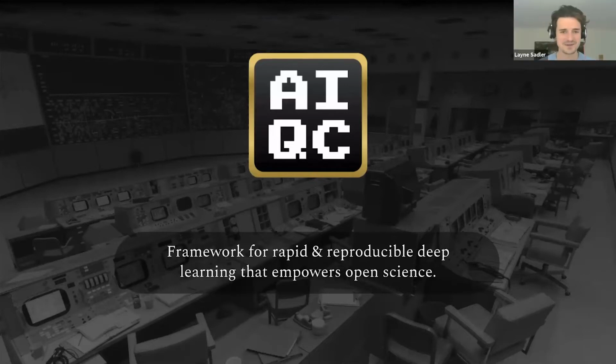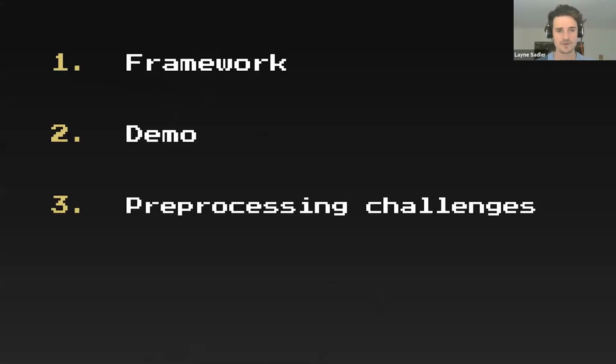So as you guys mentioned, today we'll be talking about rapid and reproducible deep learning through the framework of AIQC. As a brief agenda, we'll provide an overview of the framework, jump into a live demo of it in action, and then get more theoretical and talk about a lot of the pre-processing challenges that the framework glosses over, but that are embedded in a lot of machine learning workflows.